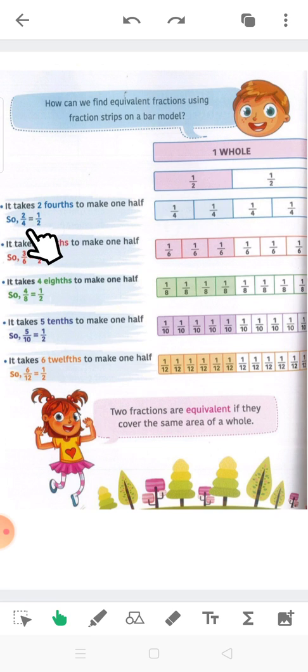Do you notice? 2 is half of 4. Yes, excellent. And 3 is half of 6. And 4 is half of 8. And 5 is half of 10. Also, 6 is half of 12. Two fractions are equivalent if they cover the same area of a whole, as we have in the example.